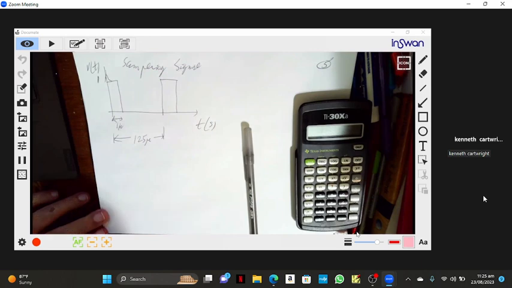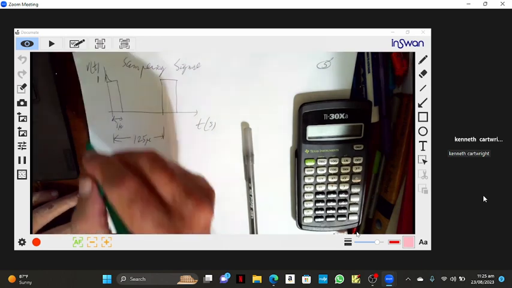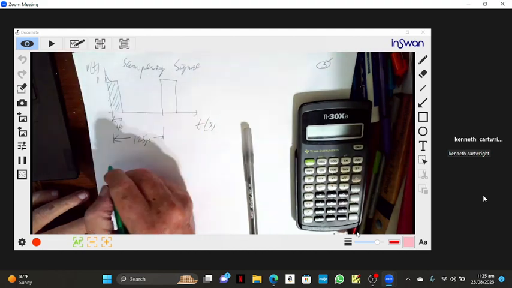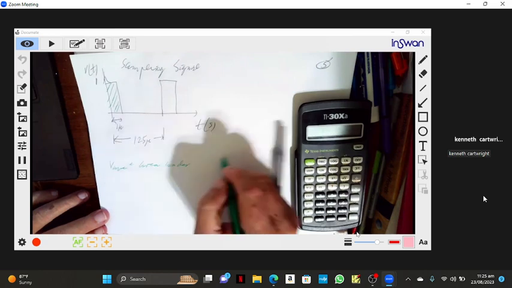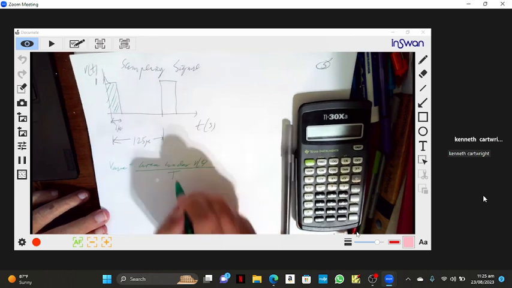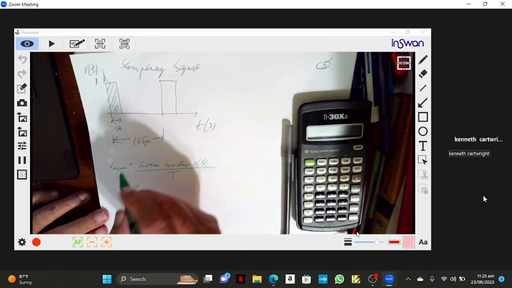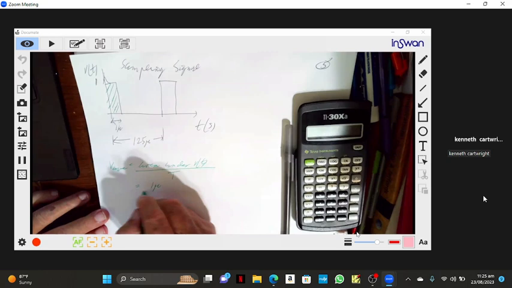Let me refresh your memory. The average value is the area under v(t) divided by the period. So in this case, the area is 1 times 1 microsecond, divided by the period, 125 microseconds.